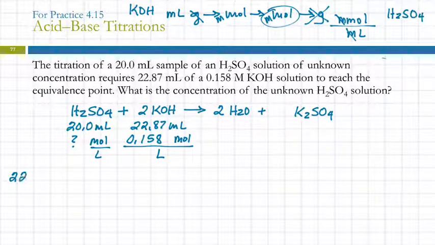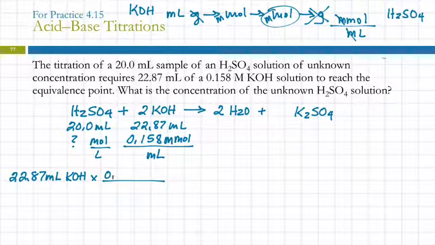So I've got 22.87 milliliters of KOH. And this concentration, moles per liter, I can make that millimoles per milliliter. Because I'm multiplying the top by 10 to the minus 3, and I'm multiplying the bottom by 10 to the minus 3. I've made it look different, but it's actually the same thing. So 0.158 millimoles of KOH, and milliliter is in the denominator.